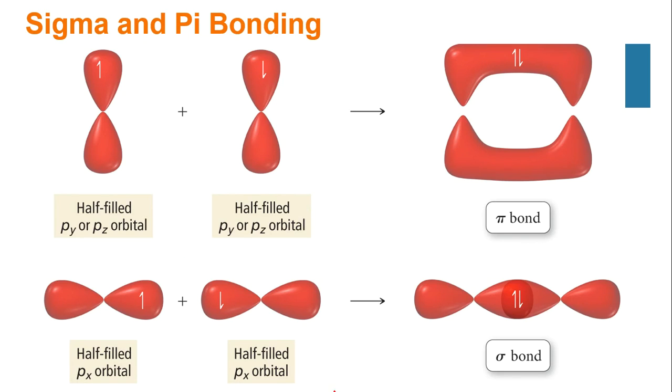This right here is actually an example of a sigma bond. Here we've got head-to-head overlaps. These guys are coming head-on and crashing together. So that head-to-head overlap is a sigma bond. So down here is sigma, up here is pi. Okay. So only one way to make a pi, and that's parallel unhybridized.